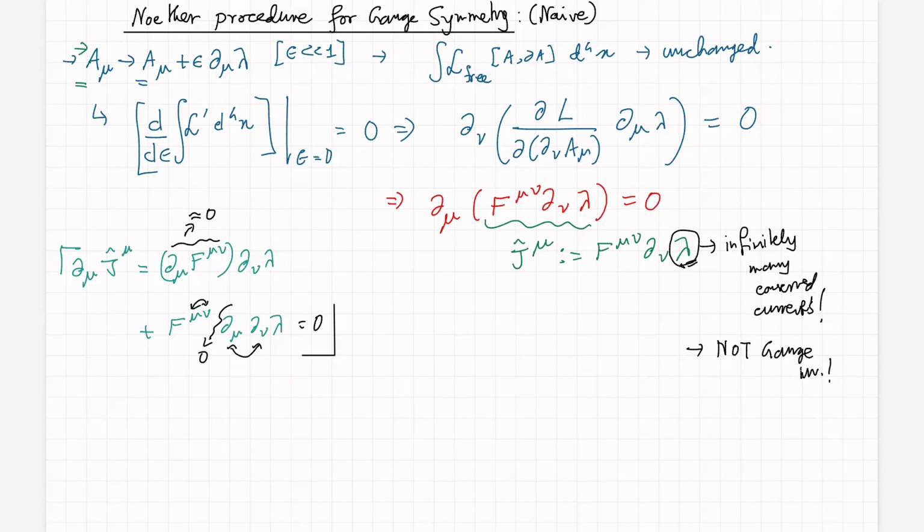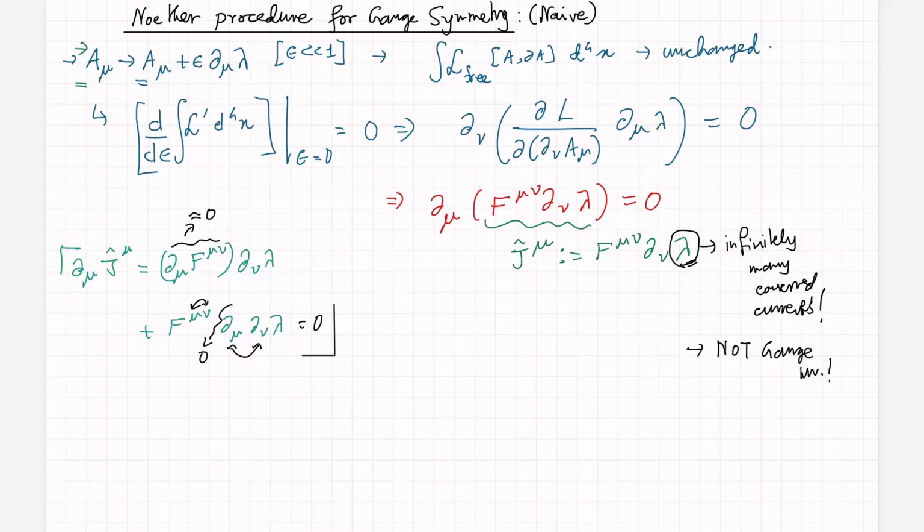But something is a bit weird, because we started off with an action which is gauge invariant, and this has a symmetry under this transformation. So if its conserved current all of a sudden is not gauge invariant, maybe we should take a deeper look before we dismiss it out of hand.